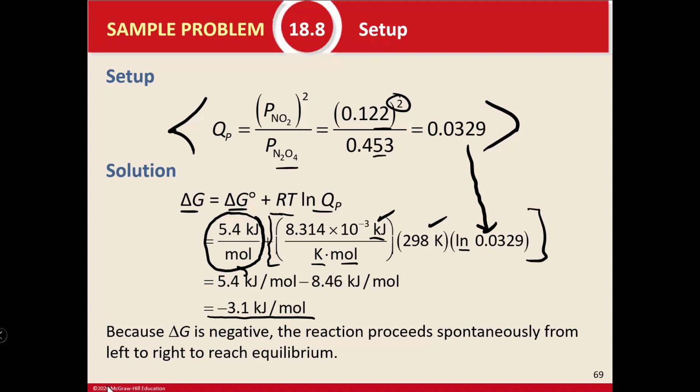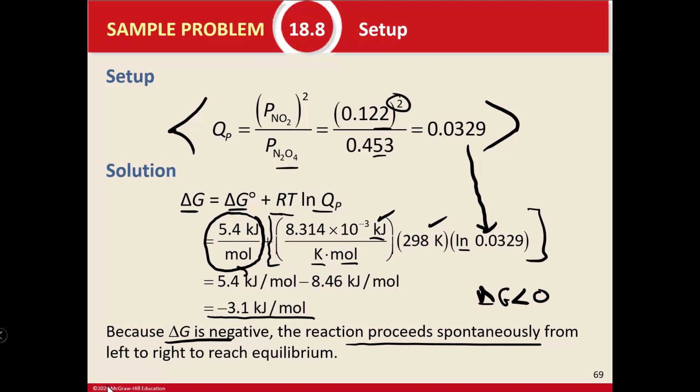So delta G is negative. If delta G is negative, that means the reaction proceeds spontaneously. Delta G less than 0 means the reaction happens spontaneously and the reaction goes from left to right. So you can see, we calculate Q a lot of times in the previous chapters to determine if the reaction is going to go to the forward direction or the reverse direction. Well, the same thing here.